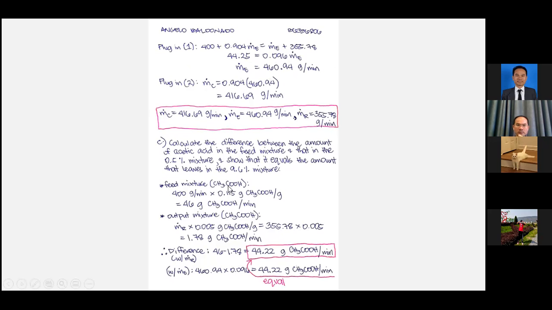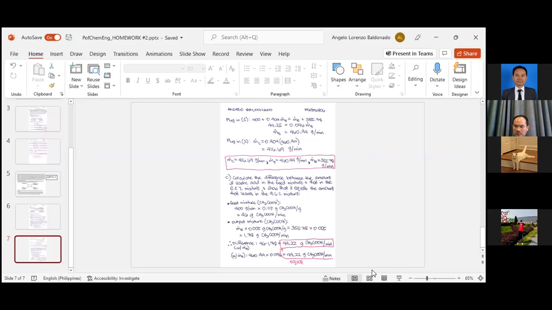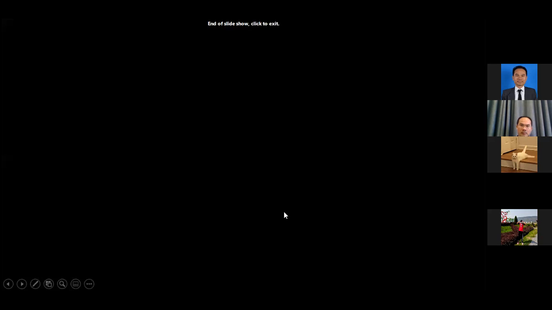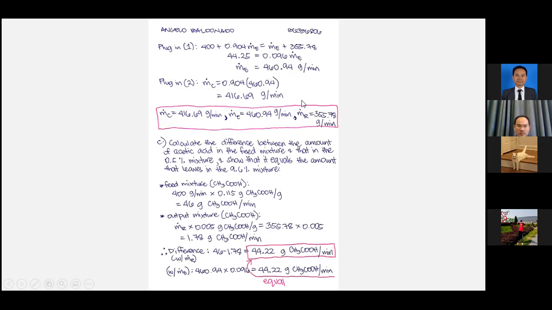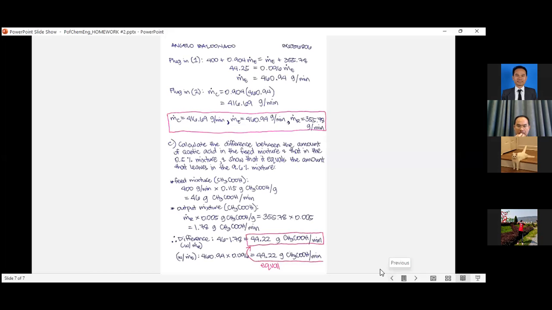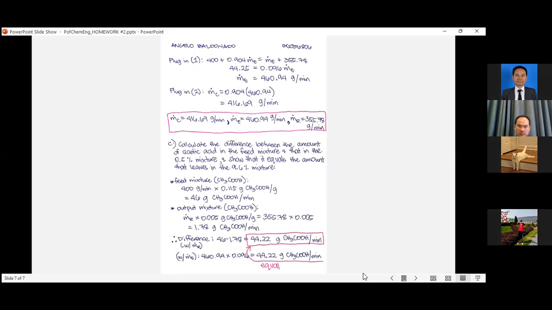Okay, so for the feed mixture of acetic acid, we have 400 grams per minute times 0.115, and we have 46 gram of acetic acid per minute.